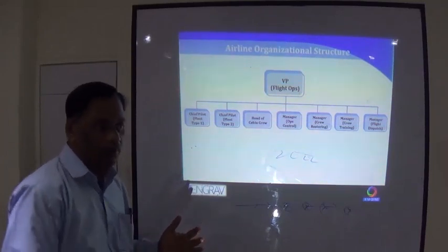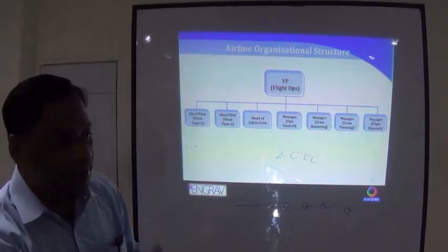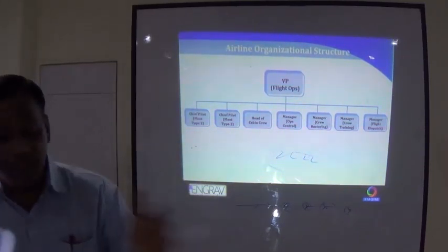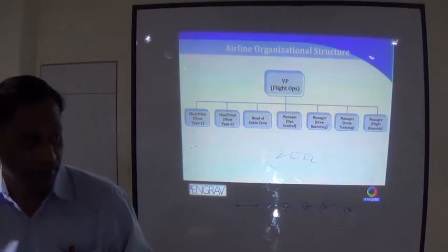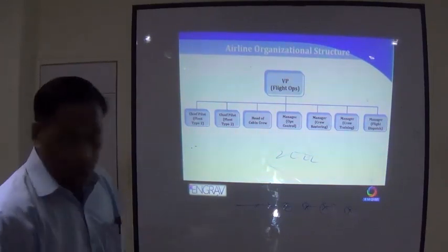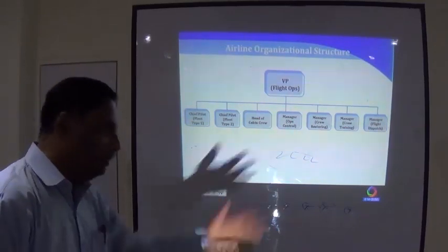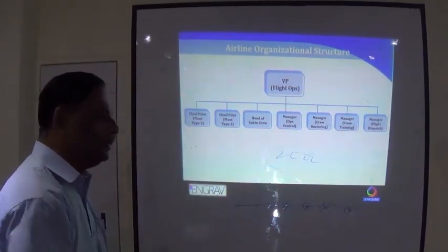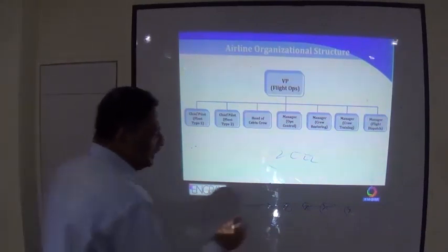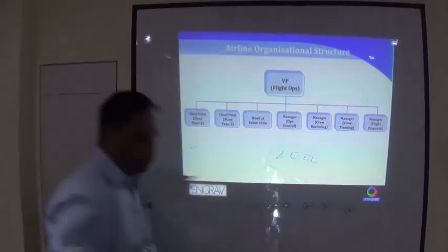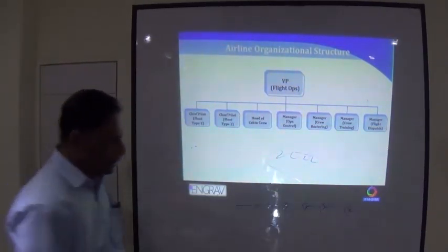If he is going to violate the FDTL, then that flight is considered invalid or illegal. It's not a legal flight. Tomorrow if the flight goes and crashes, then the airline is actually liable to pay the people. So they will check whether the pilot is meeting the FDTL requirement.